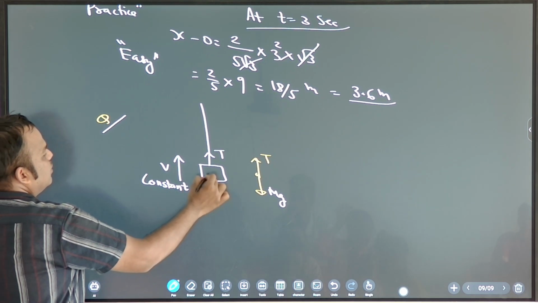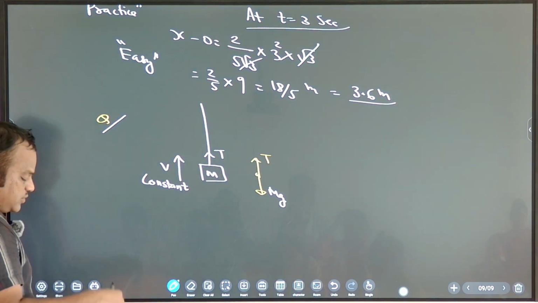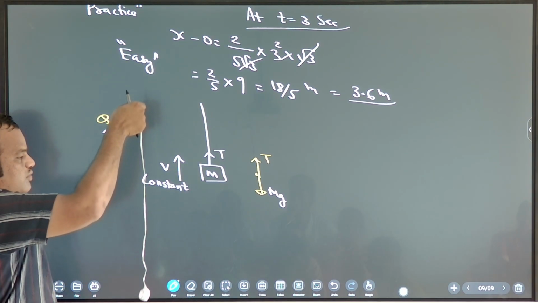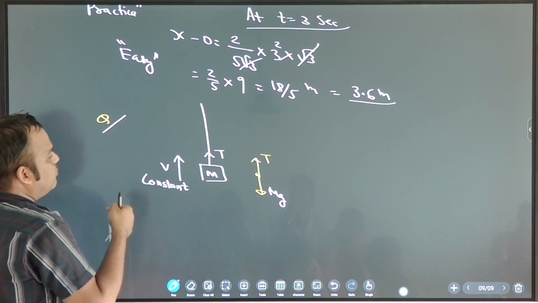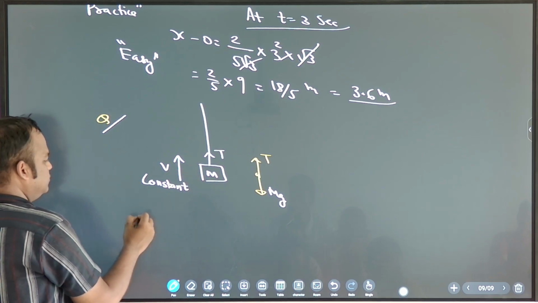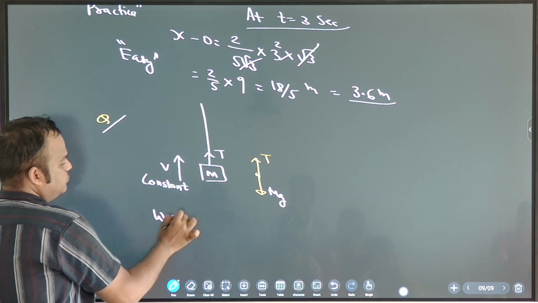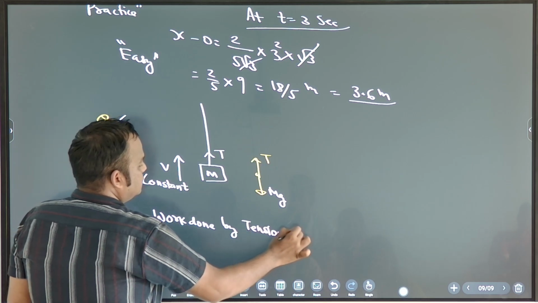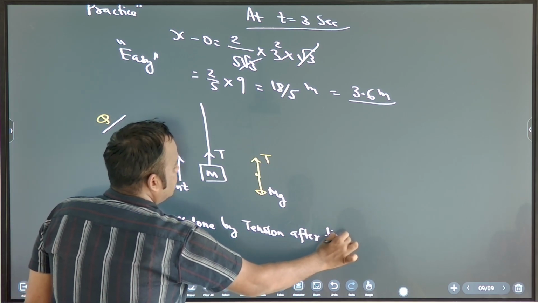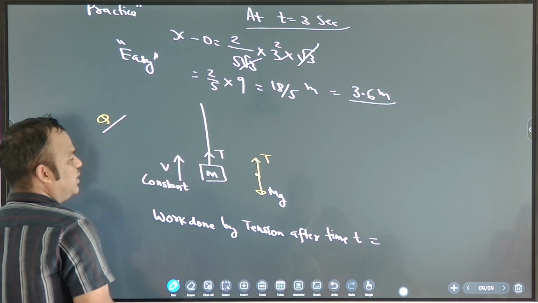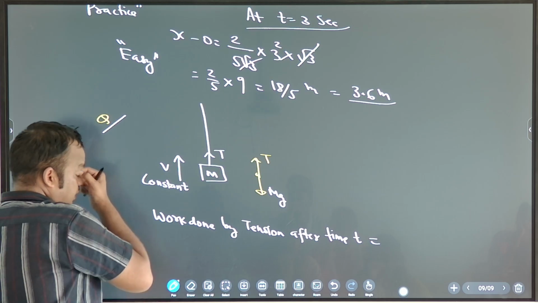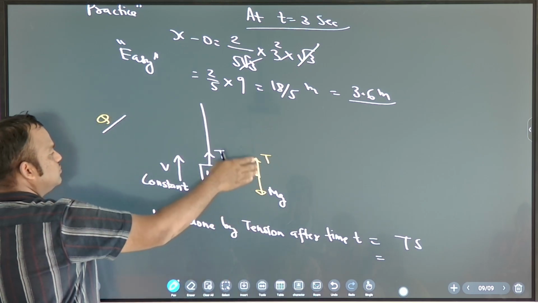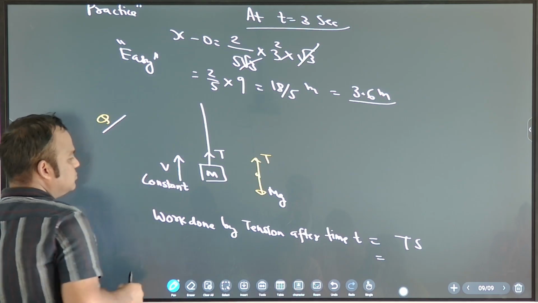A block of mass m is going with constant velocity like this. What is the work done by tension after time t? Ts. What is the direction of tension? Upward. Displacement? Upward.